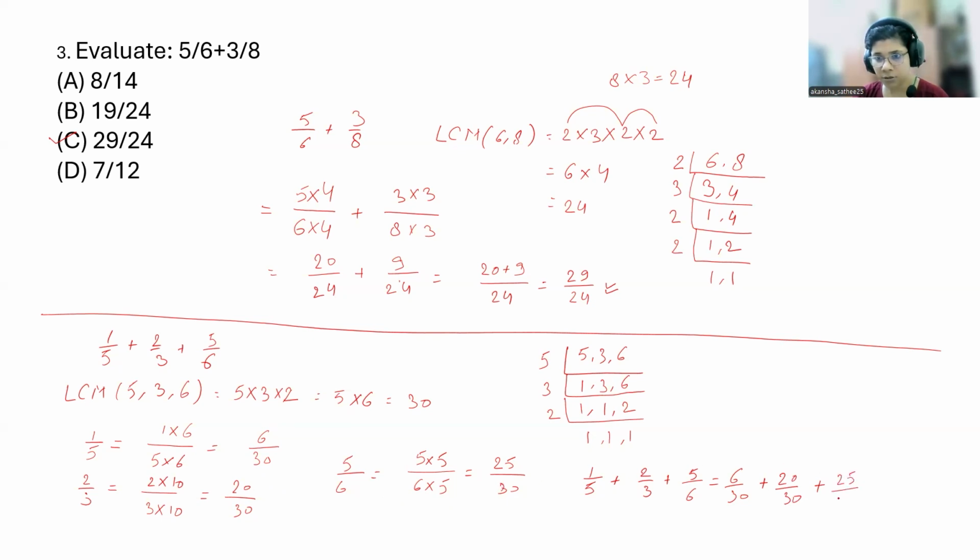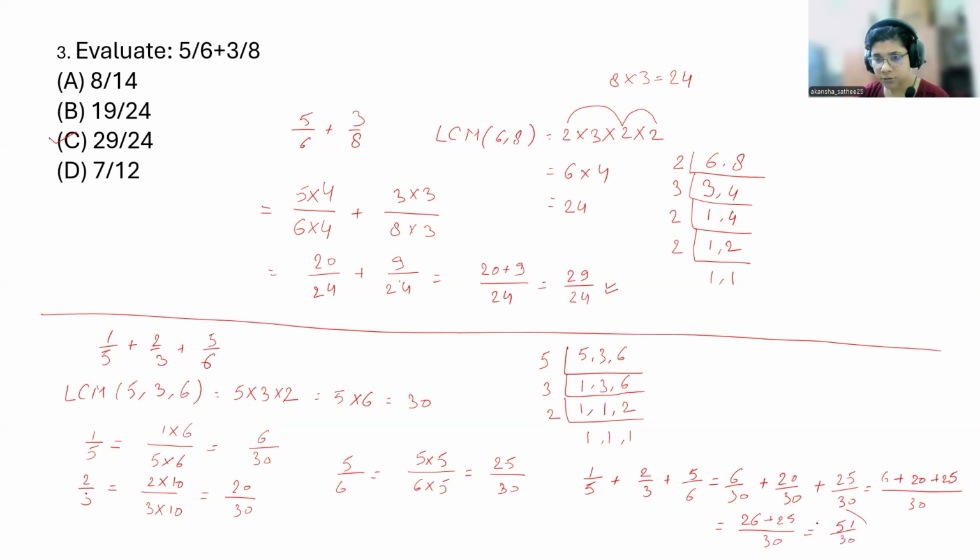Now the common denominator is 30. Just write the numerators above: 6 plus 20 plus 25. What will you get? 6 and 20 is 26, plus 25, upon 30, and that is equal to 51 upon 30.